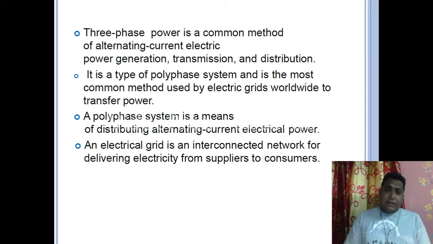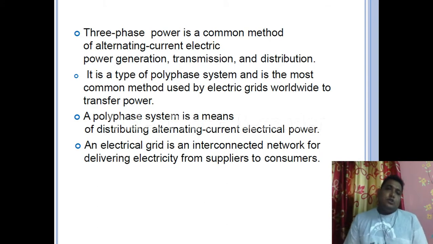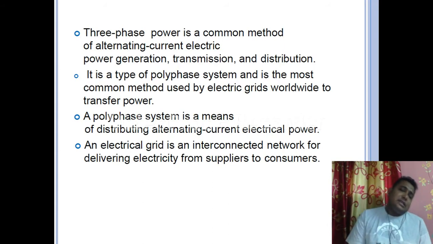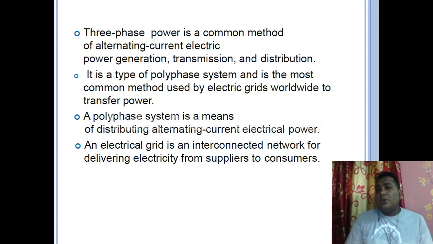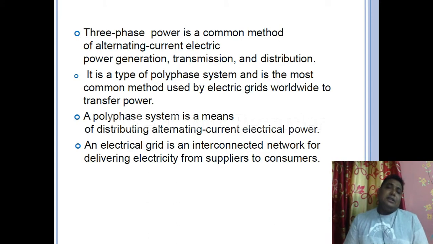Whatever power is generated is transmitted, so the system or network should be three phase. When it is transmitted to some area or substation, after that there is a distribution of power. When there is a requirement of high voltage, high current, that means high power, we actually use the three-phase system.